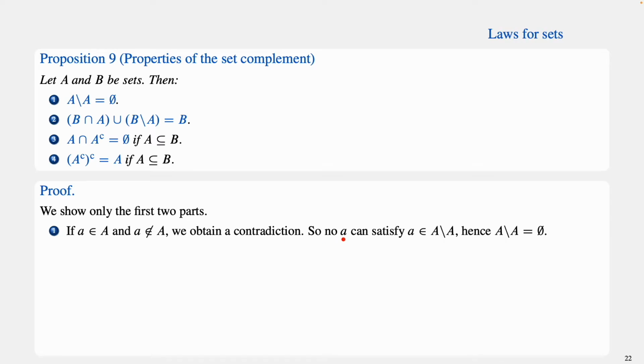So there is no object a that satisfies a being in the complement of A in A, and hence the complement of A in A must be the empty set. It's a set that does not contain any object, because no object can satisfy this contradiction.